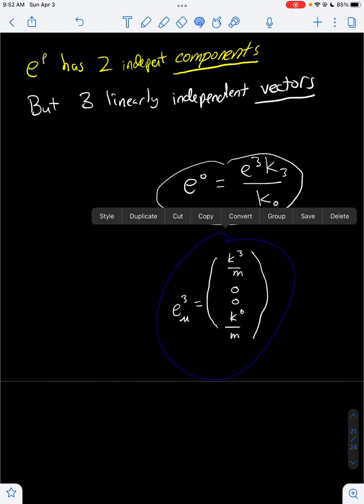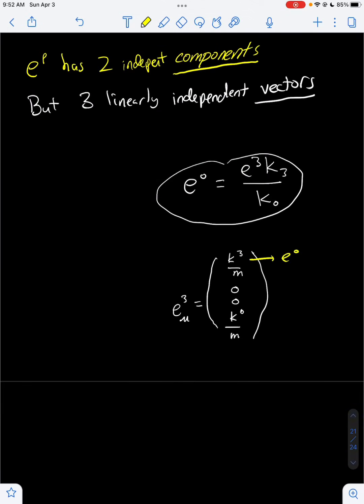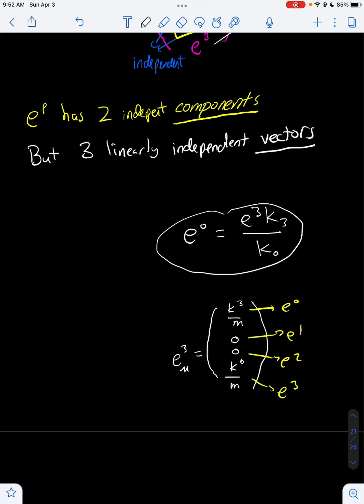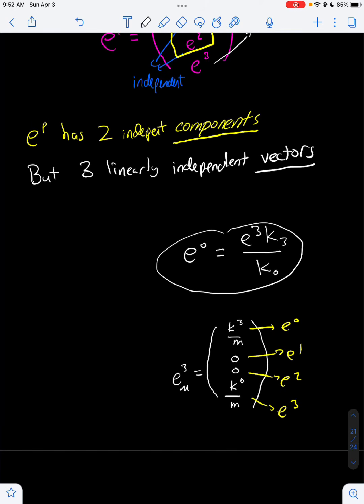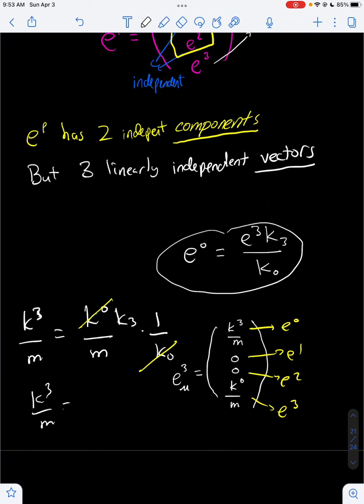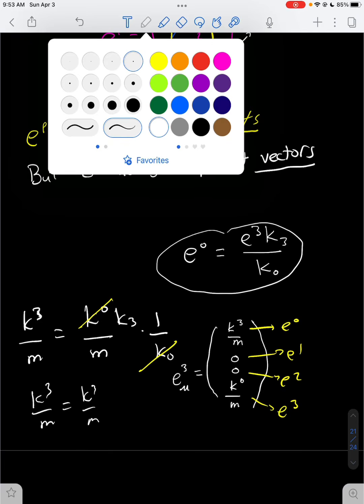This is E0, here's E1, here's E2, and here's E3. First of all, this means that K3 over M equals E3, which is K0 over M, times K3 divided by K0. Is this true? Yes, it is true. K3 over M equals K3 over M. So this does actually work. Yay.